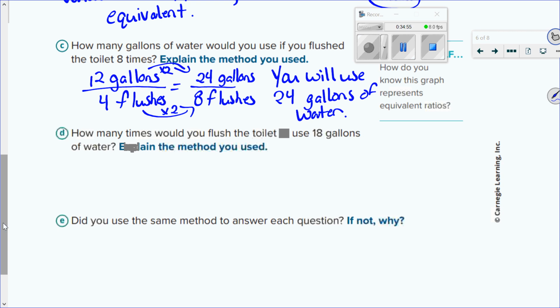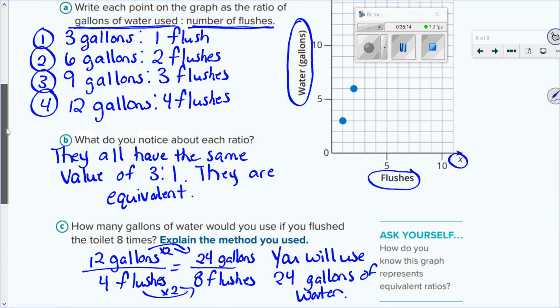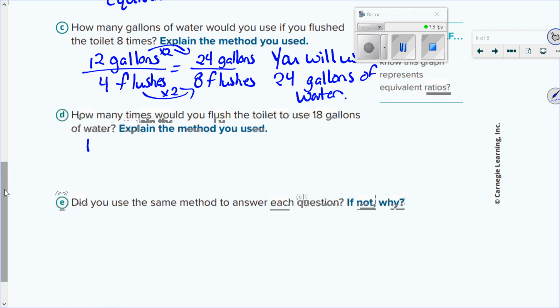All right, how many times would you flush the toilet to use 18 gallons of water? 6 times because if 5 flushes is equal to 15 gallons, where did you get that ratio? Because it wasn't one of our first ones. Well, I already know that if 1 flush is equal to 3 gallons, so I'm going to start there. I see what you're saying. Keep going.